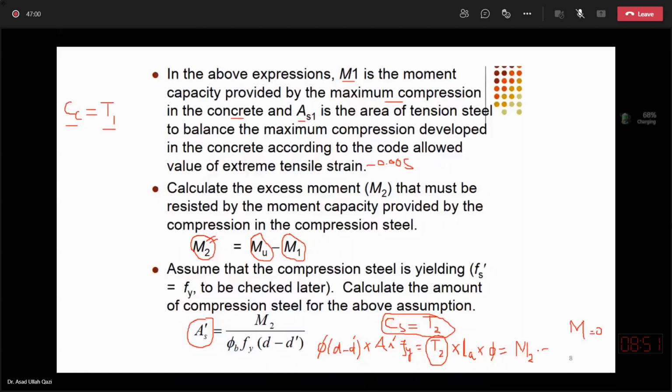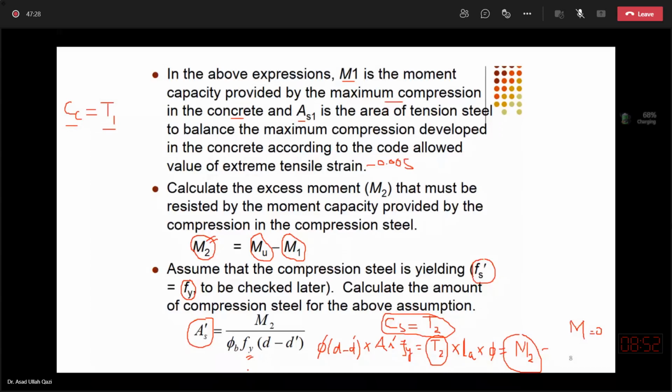At this stage, you will have a question in your mind: I assumed that Fs prime is equal to Fy. So I am making this equation with the condition that it is a case 1 doubly reinforced beam. I am assuming that the compression steel is at yield. That is the reason I am using Fy in the denominator.